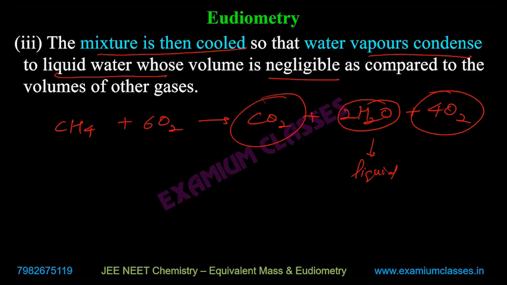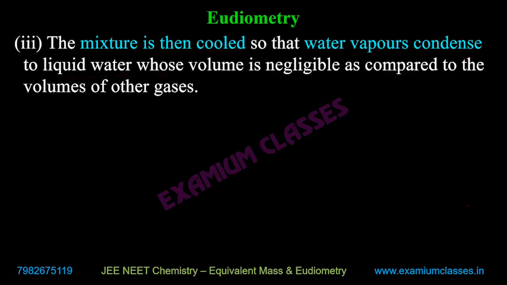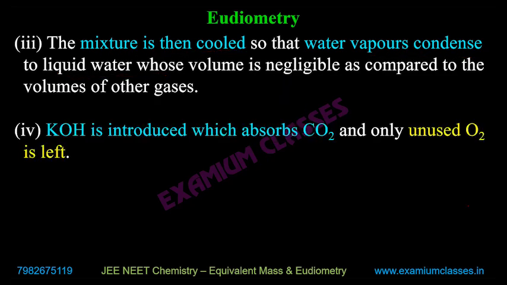Now we can absorb this CO2 and 4O2 separately. CO2 can be absorbed by KOH and O2 can be absorbed by pyrogallol. I will be showing you the reactions. So KOH is introduced now in the system, which absorbs carbon dioxide, and only unused O2 is left.